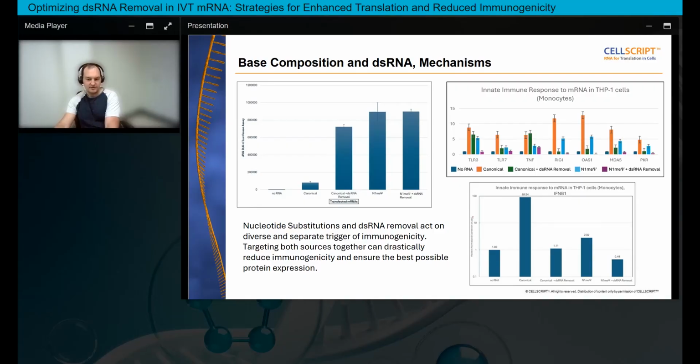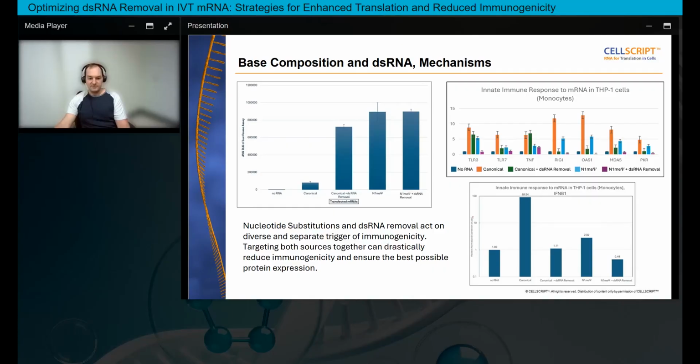Yeah, and so the idea, which is interesting, is that each one of these tactics, whether you want to add N1-methyl pseudo-UTP, doing some nucleotide substitutions instead of the normal UTP, or dsRNA removal, can act on really interesting parts of the immune system, and can each reduce immunogenicity of a system.